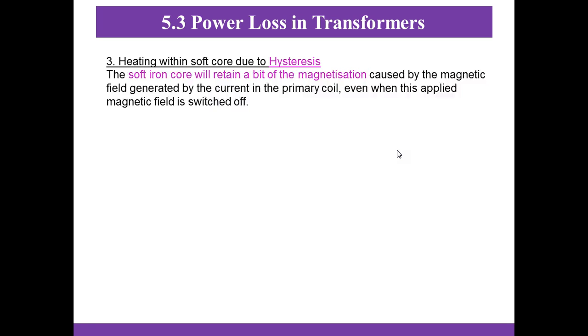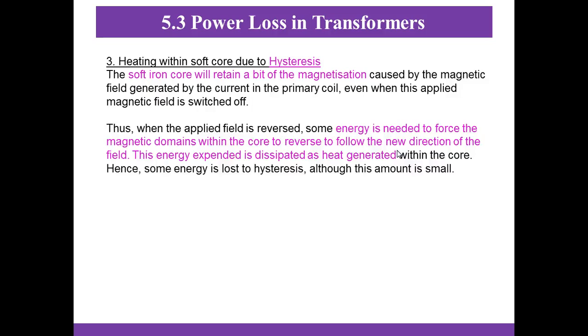Next, hysteresis. All soft iron will have a little bit of magnetization retained even when the current is switched off. When an opposite field is applied, some energy will be needed to change the magnetic domains of the core to reverse in direction, right? And as we know, the current in the mains has a frequency of around 50 Hz, which means that the direction of the field is changing about 50 times a second.